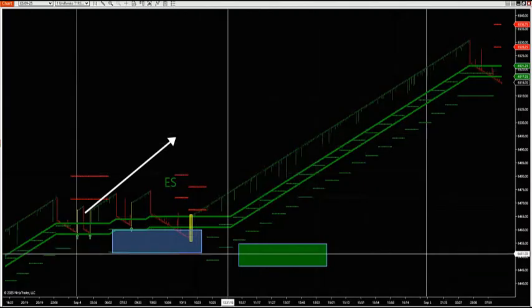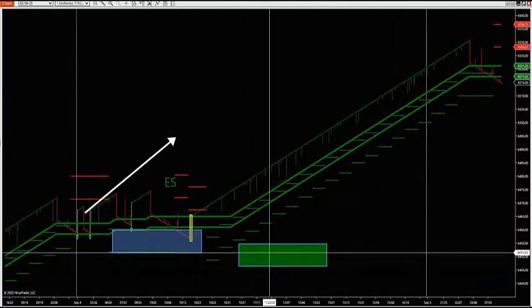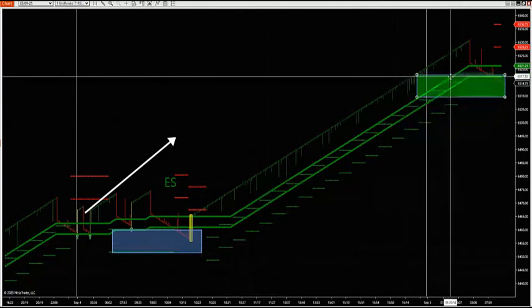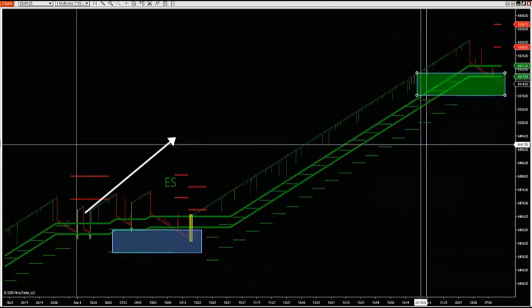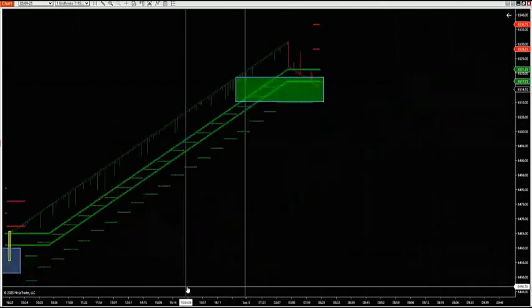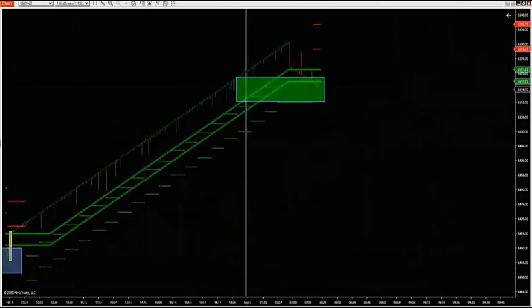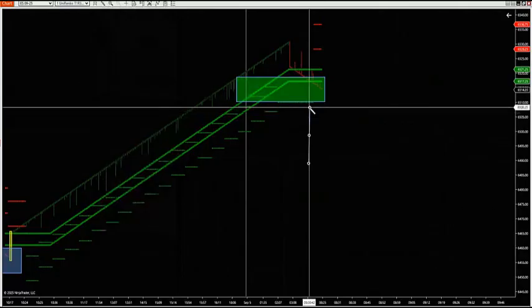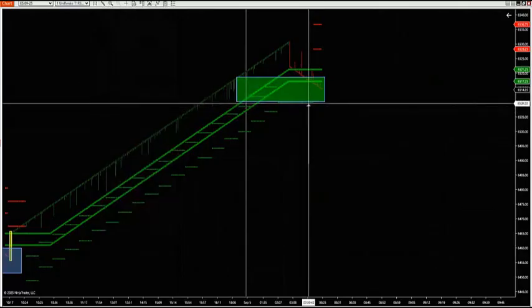So what we want to do, if we look at today, is we've got the same type of setup. We're coming down to my 25 proprietary liquidity grab zone, and we're right inside of it right now. So what are we expected to do? We're looking for a move up before I break the market structure. Market structure is right here.